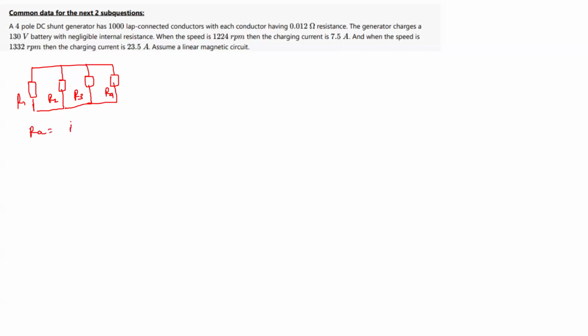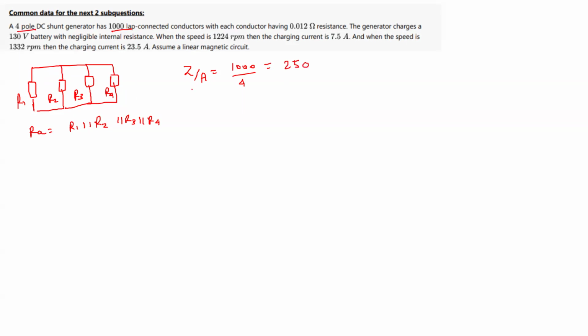So RA is R1 parallel to R2, parallel R3, R4. Now what is the resistance of this parallel path? First of all, we have to find the number of conductors per parallel path. It came out to be 1000 by 4, because the total number of conductors is 1000 and the number of poles is 4. So the number of conductors per parallel path is 250.